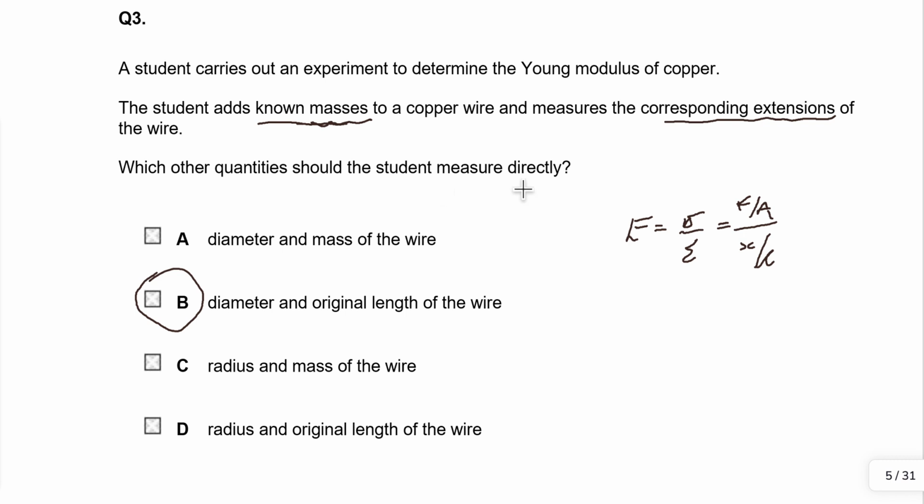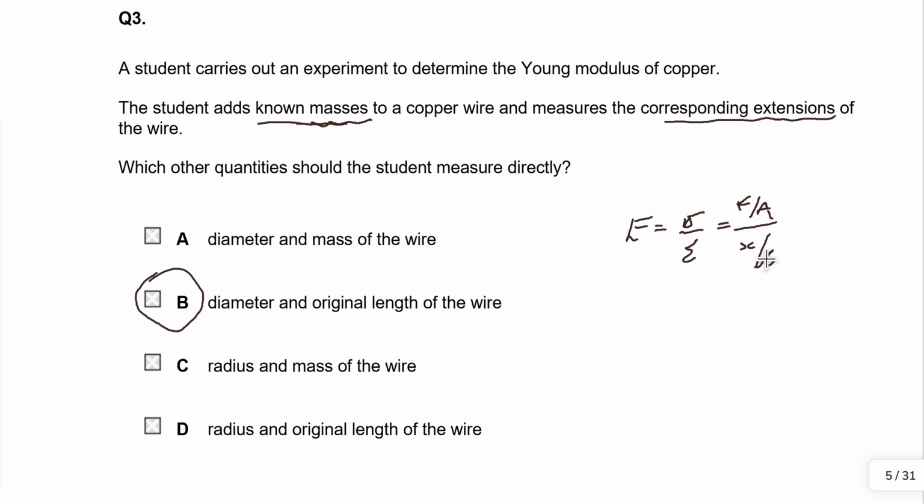Looking at the formula for Young's modulus, stress over strain. Stress is force over area, so this known mass is mg in that F. A is your cross-sectional area, so we will use a micrometer to find the diameter of the wire. A micrometer doesn't directly measure the radius, so we have to halve the diameter to get the radius, but we actually measure the diameter, so C and D are wrong.